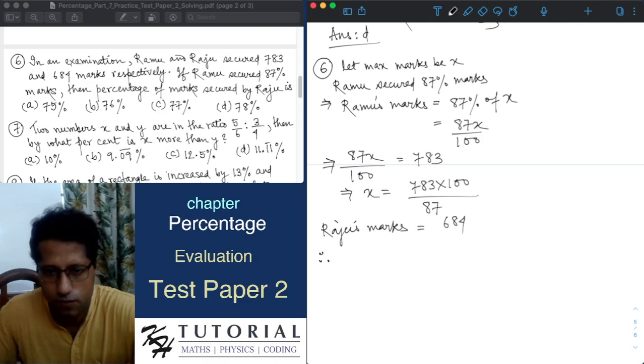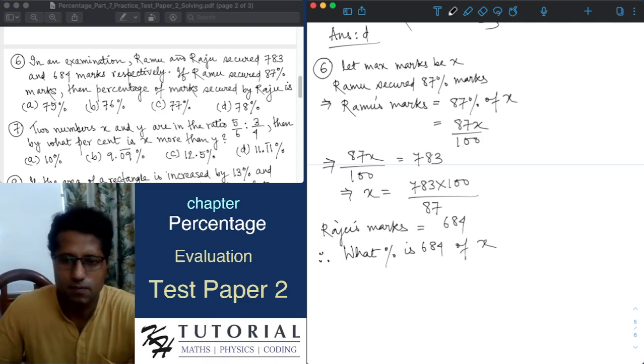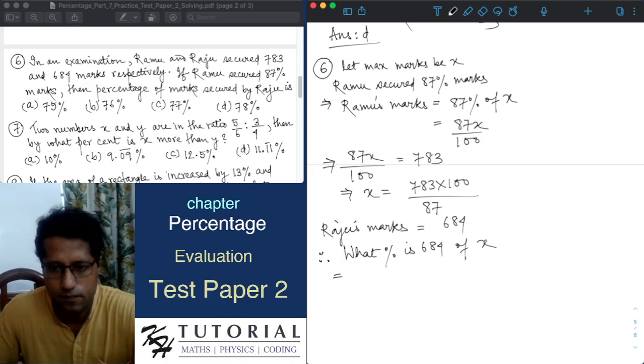So we have to ask what percent is 684 of X, that is the maximum marks. This equals 684 divided by X into 100.